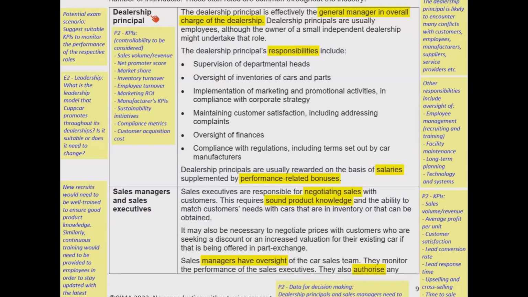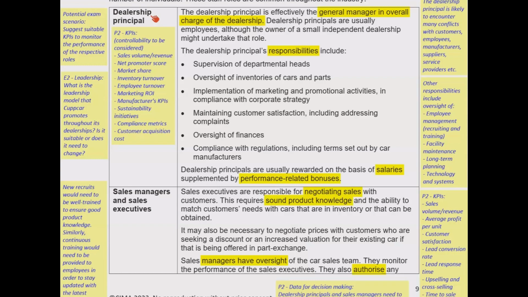And I've already said earlier, haven't I, that there will be some element here of cars being moved around the whole of the network that Cuppcar has, about transfer pricing issues. And we need to also bear in mind that there's the conflict within a dealership between the price that we might sell a used car for, compared to the person who's trying to sell that used car and make a margin on a sale of that used car.